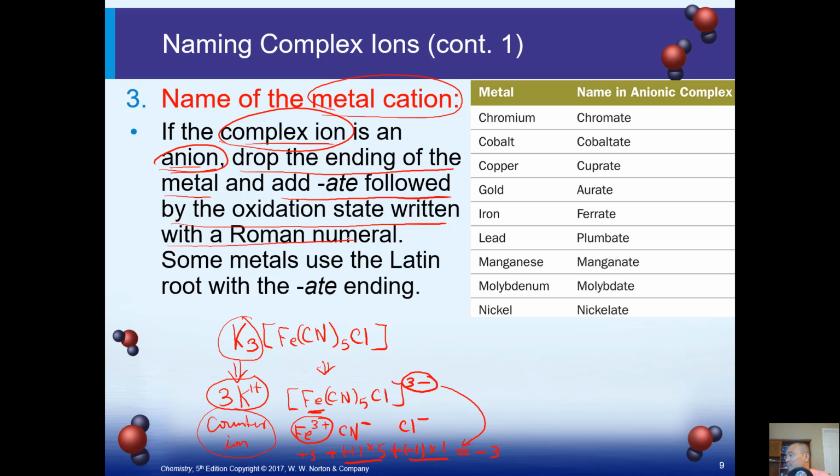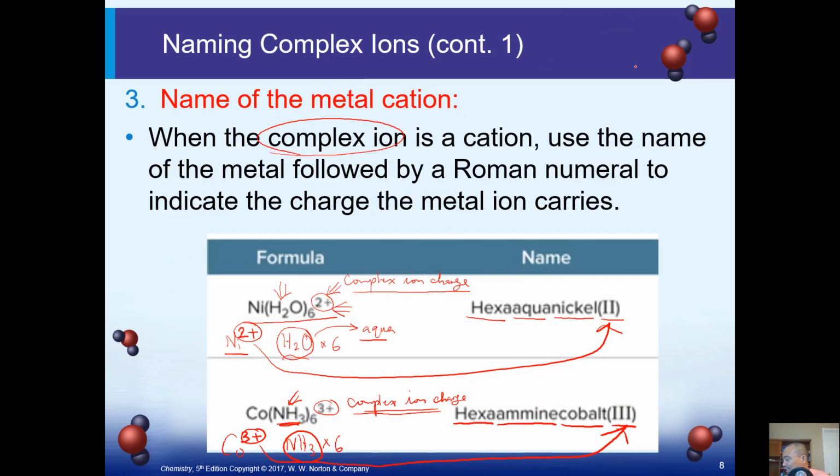So basically, for example, if the complex ion is a cation, what did we used to call that? We used to just call that cobalt(III). Still remember that? Right, in the previous example, that's exactly what we call. We call this cobalt(III).